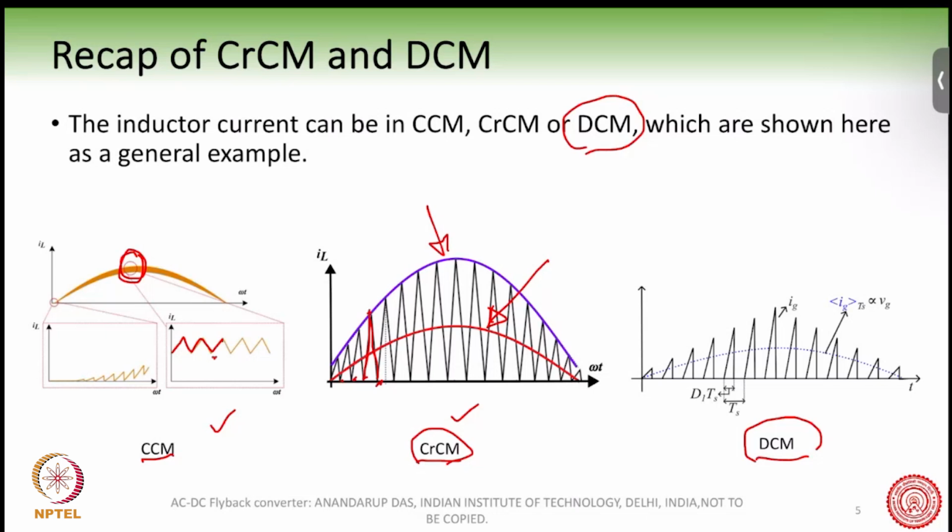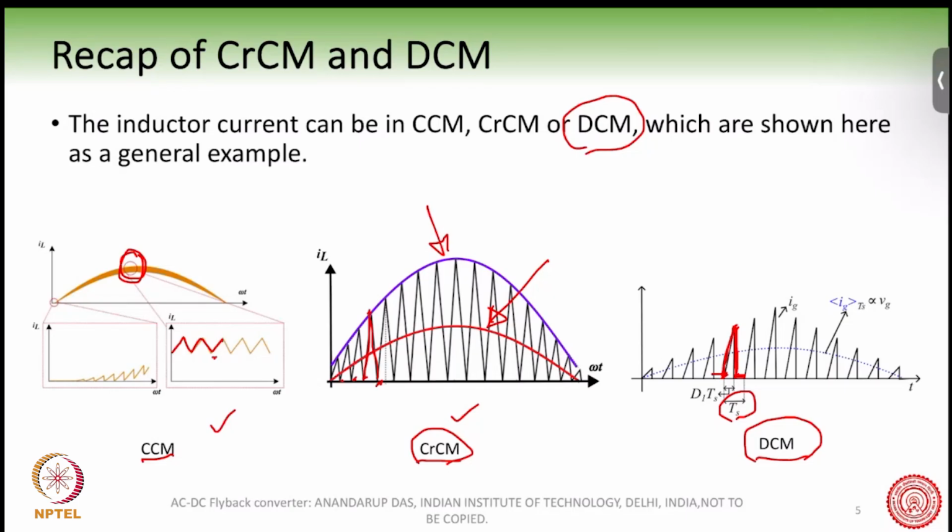As you can see here, the inductor current goes up to a certain value, comes down, and then there is a zero part, and this is the reason why it is called discontinuous conduction mode. This is the switching cycle TS, and during D1 TS the switch is on, the current rises, and then it falls, and then it is zero.